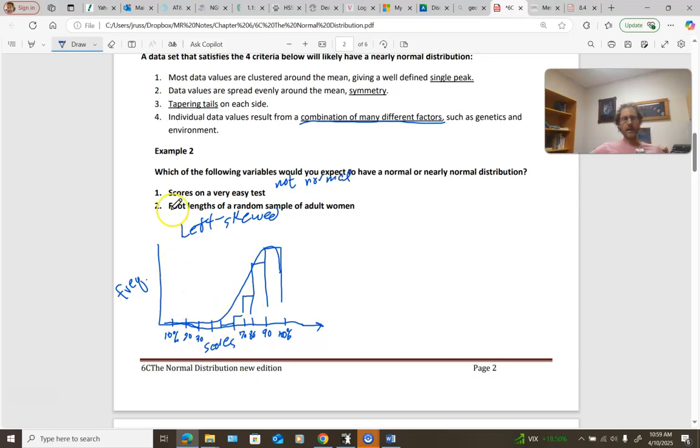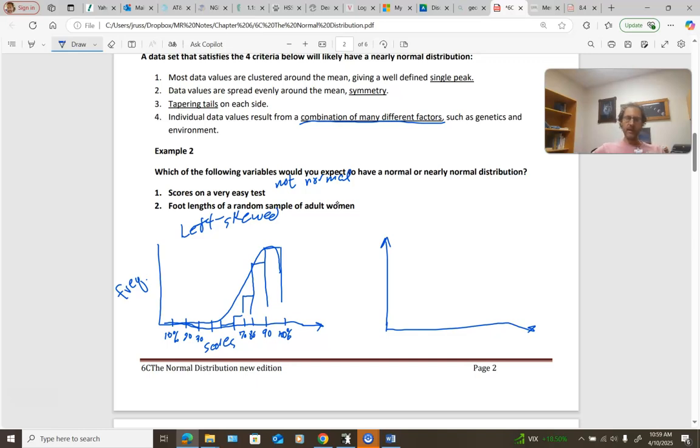Now think about number 2, foot lengths of a random sample of adult women. I can draw a little graphic for this one as well, but you'll have to excuse me because I'm not super familiar with female foot lengths.